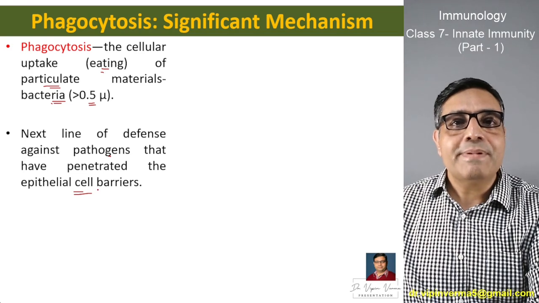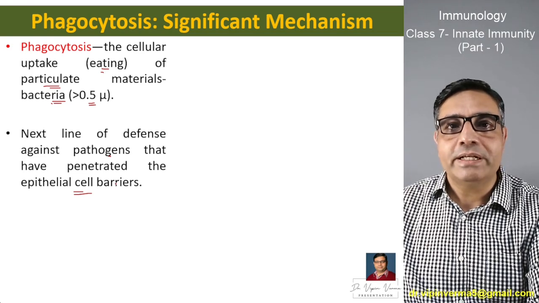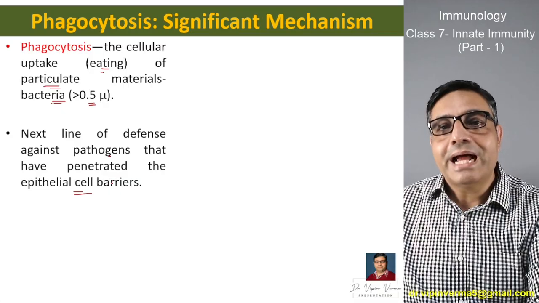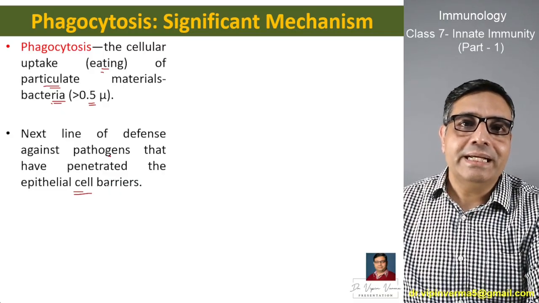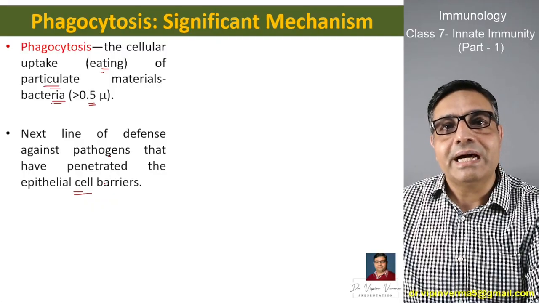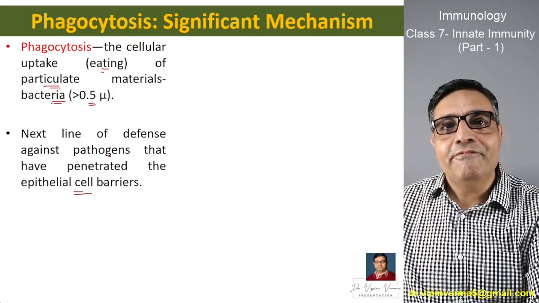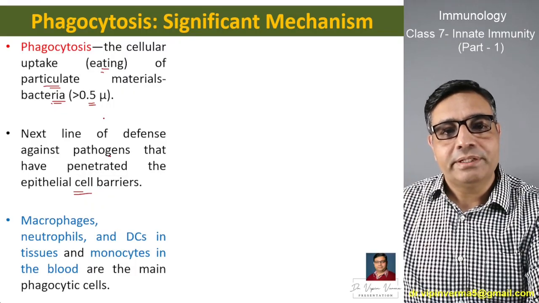The epithelial cell barriers are our first line of defense, but if it is breached either by injury or some other means, and the pathogens are successful in invading, then phagocytosis comes into the picture.